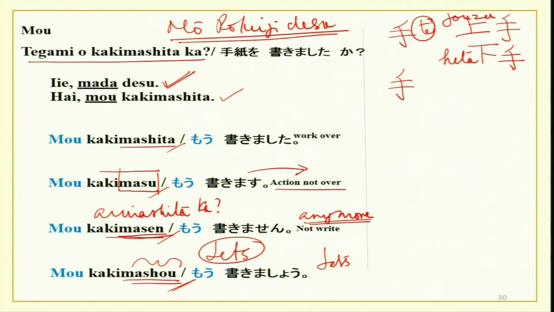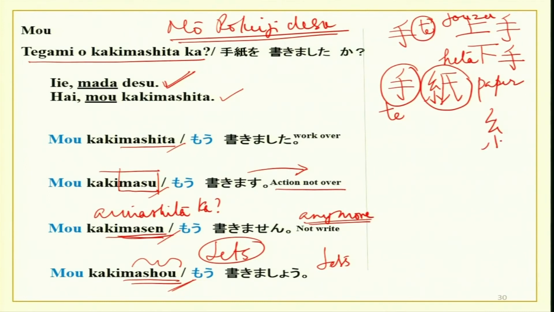So, te and gami. Like this. Gami means paper and this is te. Writing on paper with te is tegami. This part is a 6-stroke character.